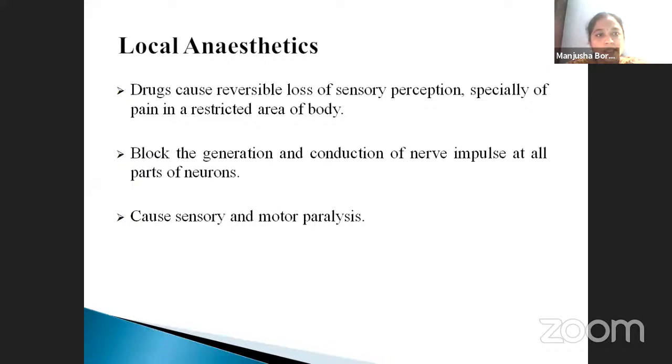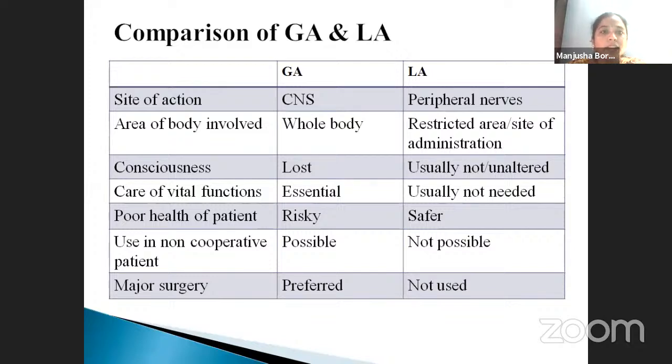Whereas a local anesthetic is a drug that causes reversible loss of sensory perception, especially for pain, in a restricted area of the body. It blocks the generation and conduction of nerve impulses and produces the effect. Let's compare general anesthetics and local anesthetics. The main site of general anesthetics is the CNS, and local anesthetics act on the peripheral nerve.